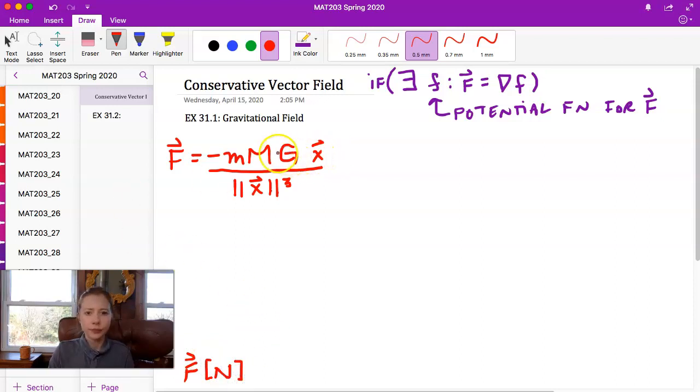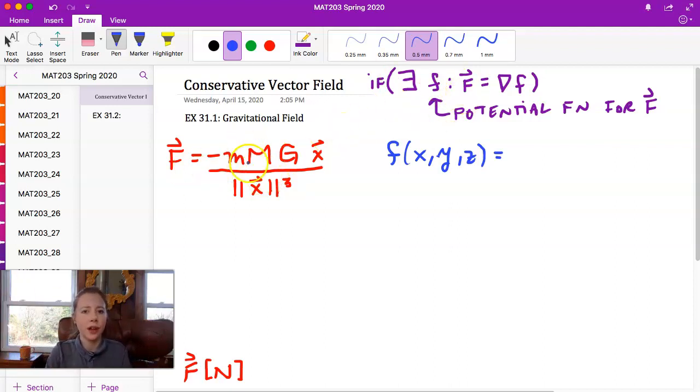And if we look at the gravitational potential as a function of x, y, and z, these equations are much more straightforward in spherical coordinates, since the gravitational field is a force field that's spherical.